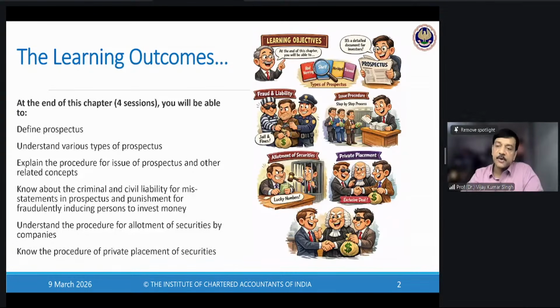There is a set process which needs to be followed for allotment of securities, and we are going to discuss that as well. And then to know the procedure of private placement of securities, which is one of the important segments of the allotment of securities. Private placement is one of the important modes, and we will see that as well.